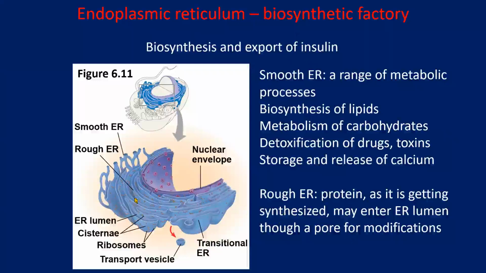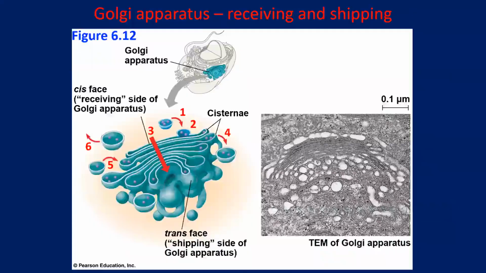The ribosome sits on this endoplasmic reticulum to synthesize protein, and then it may enter the endoplasmic lumen through a pore for modification. Once a protein forms from the ribosome, there could be some modifications there.